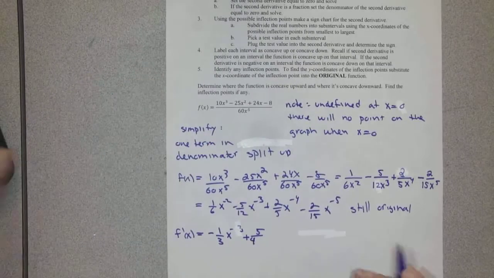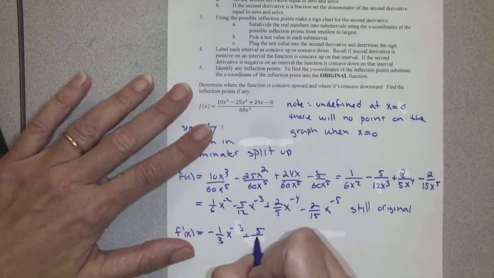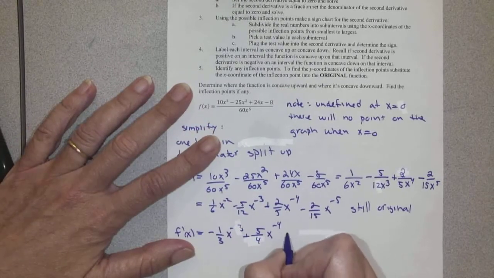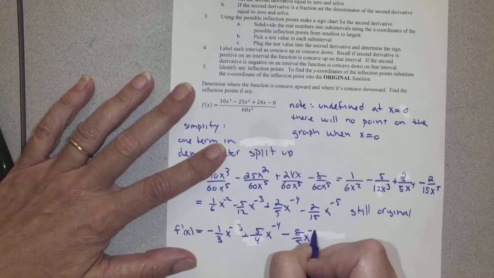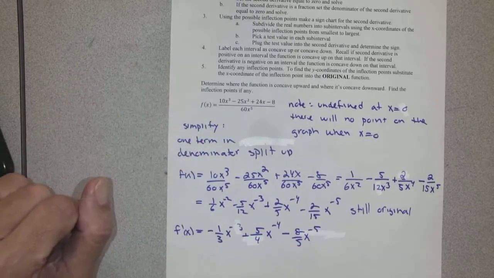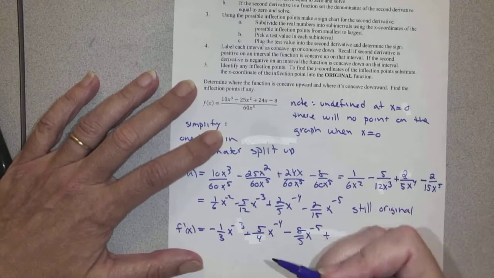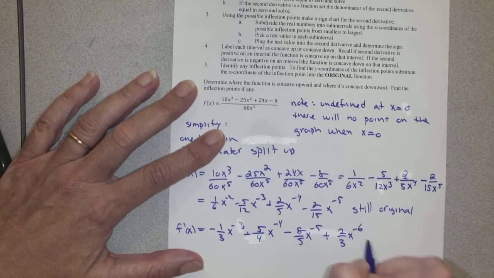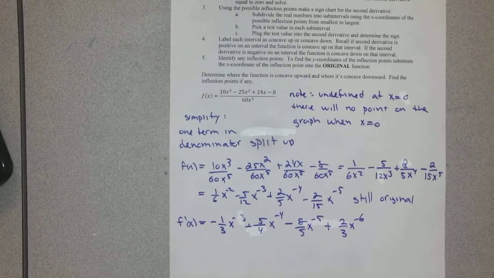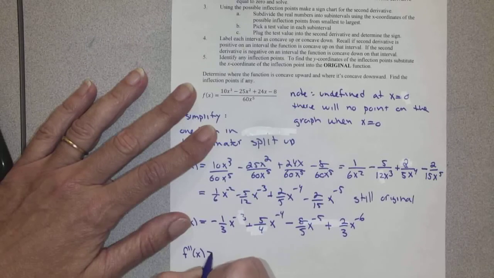So 5/4 x to the negative 4 minus, multiply by the exponent, 8/5 x to the negative 5. And then multiply by the exponent, so it's plus. The 5 and the 15 cancel, leaving 3, so plus 2/3 x to the negative 6. There's my first derivative. Move right on to the second derivative.